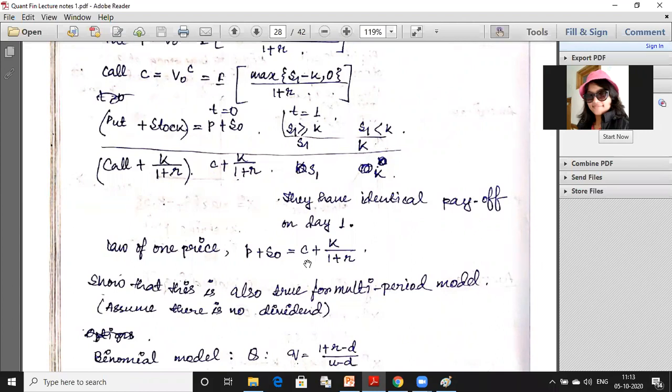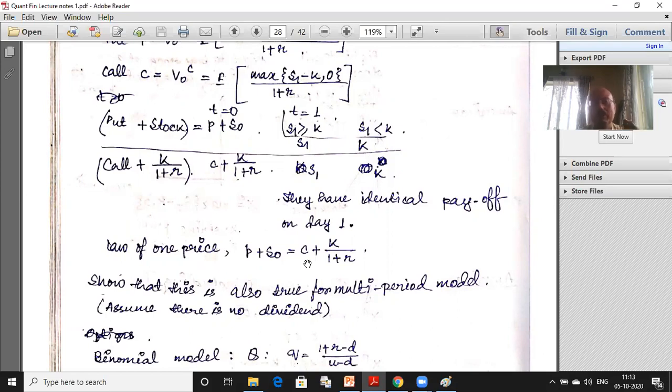You see, if you want to check whether any result in the financial market is true or not, the only thing you need to check is whether, if it is not true, can you make something out of nothing? Can you get a free lunch? If this equality does not hold, you can get a free lunch out of this, which the market will not allow.